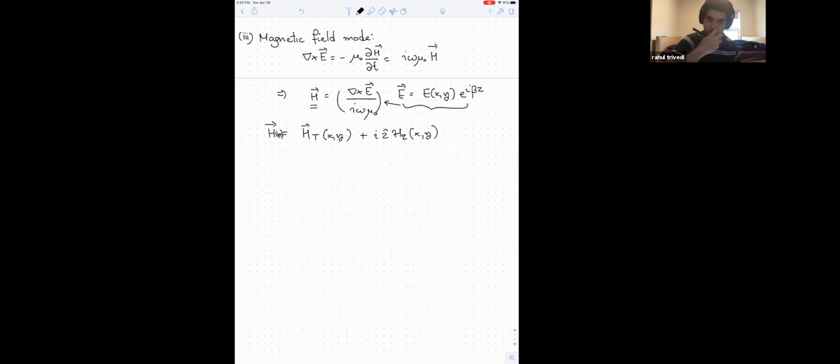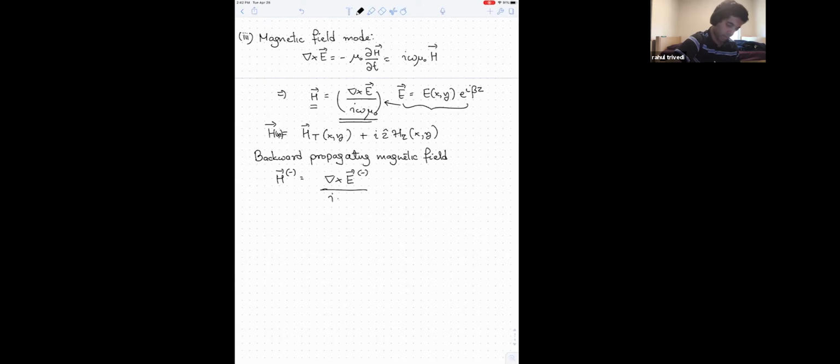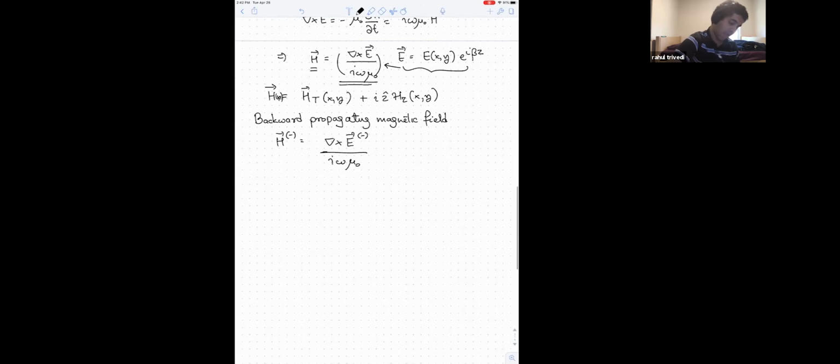And then you can construct the backward propagating wave magnetic field by applying the same equation on the backward propagating wave. So you have H minus is del cross E minus divided by i omega mu naught.